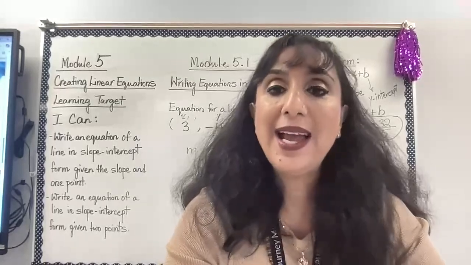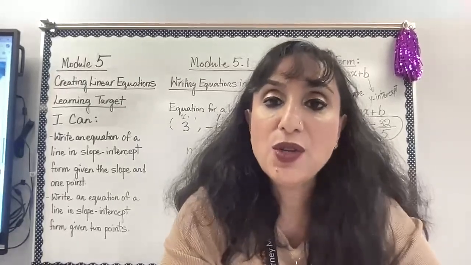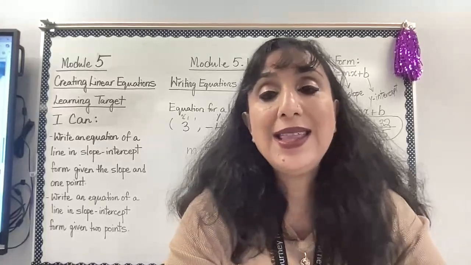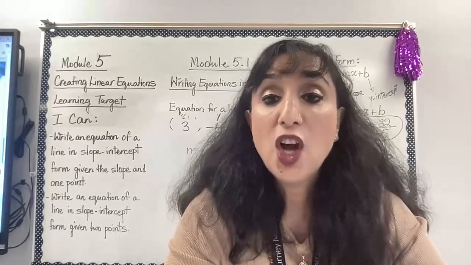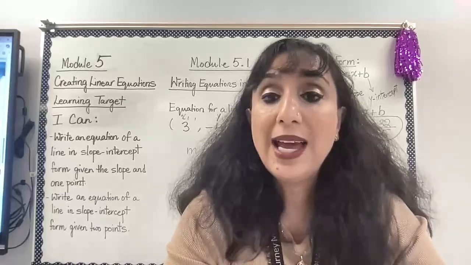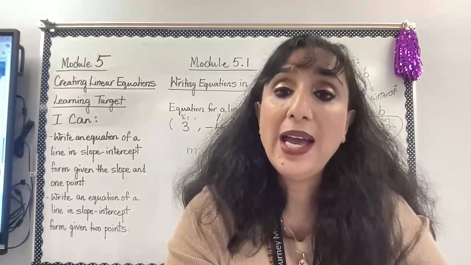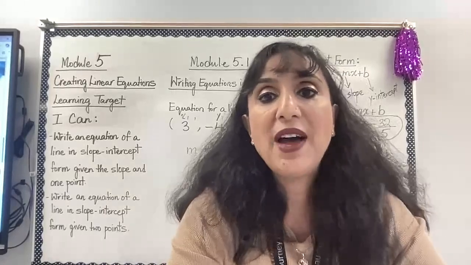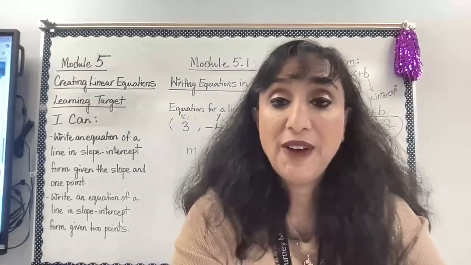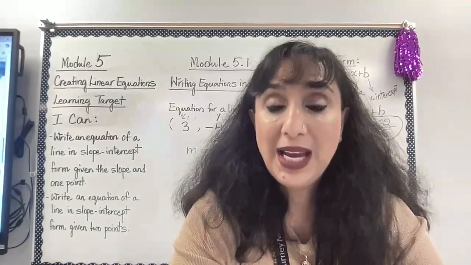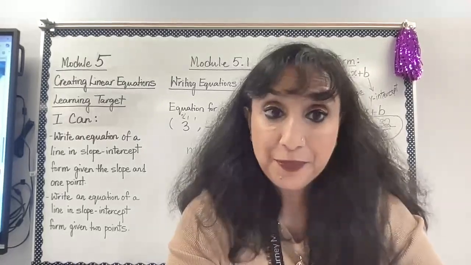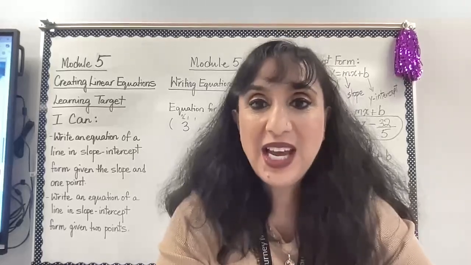And once I calculate the slope, I am going to use one of the two ordered pairs to write it in the slope-intercept form, which is y is equal to mx plus b. And then I'm going to find the y-intercept. And then once I find the y-intercept, I'm going to substitute the values of m and b in that slope-intercept form to write out the equation.